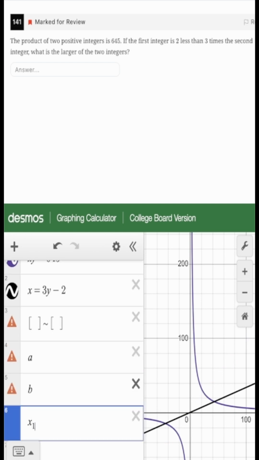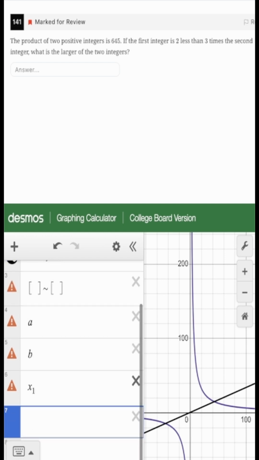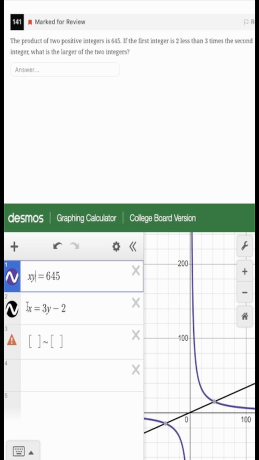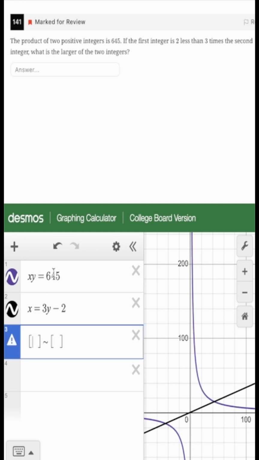A lot of people use x1. But for me, I always use capital X, capital Y, just because it's easier for me. So how we'd use a list regression specifically is it sets 2 expressions equal to each other by putting all of the left side, like how you'd set up a system of equations, on one side, and then the right side of the equal sign to the right side of the list regression.